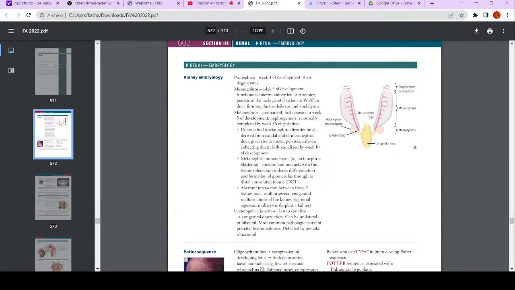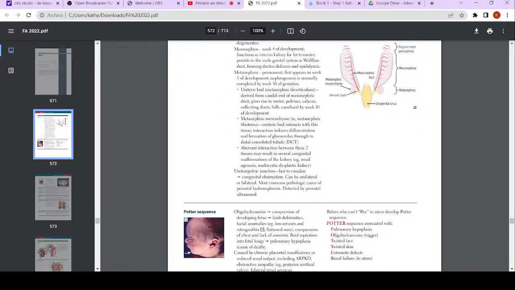Then the mesonephros, which is important because then you will have the male genital system from the Wolffian duct, and then the metanephros, which is the most important one. It first appears at week 5 of development, and it is completed at 36 weeks of gestation.